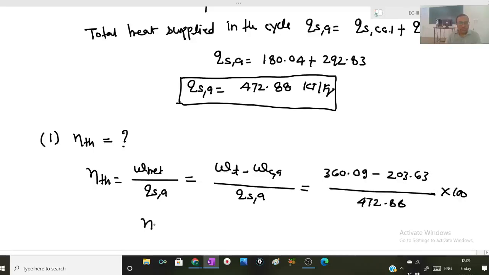So thermal efficiency will come out as, please someone calculate it and tell me. Is it 33.08 something? 33.1%, correct. Yes, we can take it 33.1. Answer number 1.